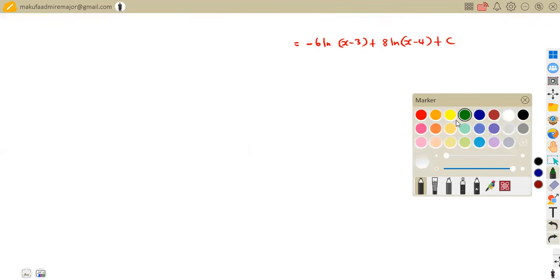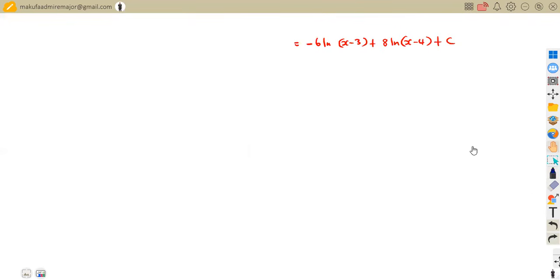So let us consider, for an example, that you are asked to integrate with respect to x. All right, let me decrease a little bit here. Like I'm saying, we want to consider a question where we are asked to integrate with respect to x.